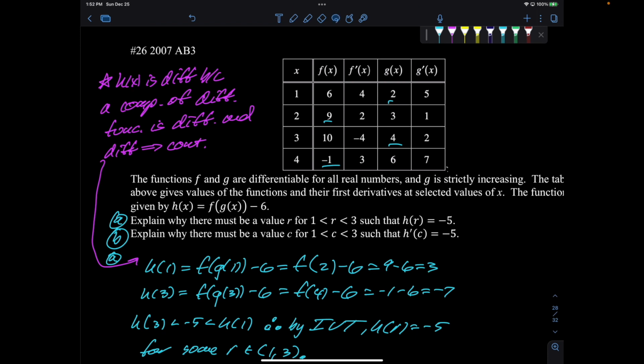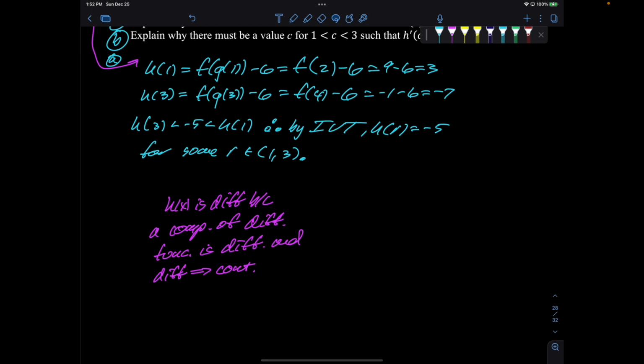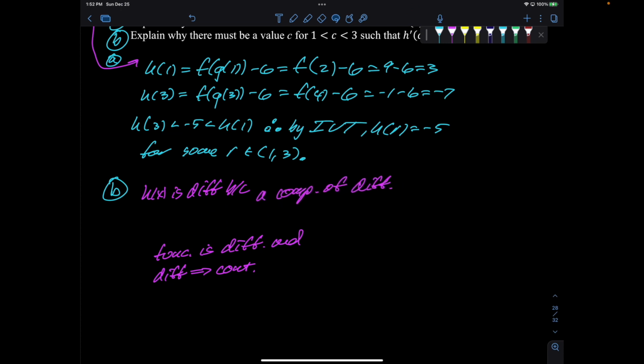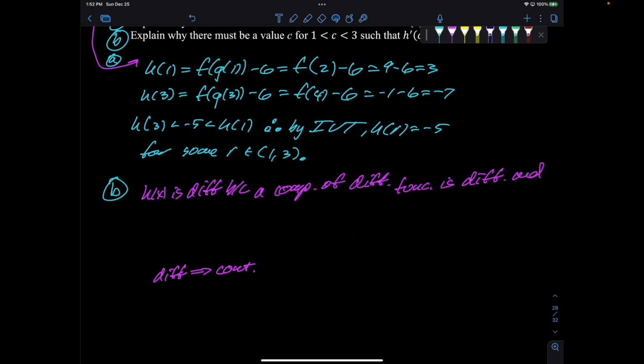So I'm going to copy this just so I have a better looking answer. I would start my answer to B with this also, except if you've already established it in A, you can kind of just roll with it.